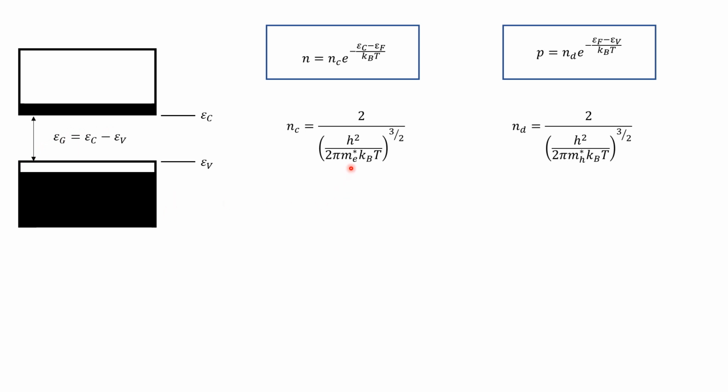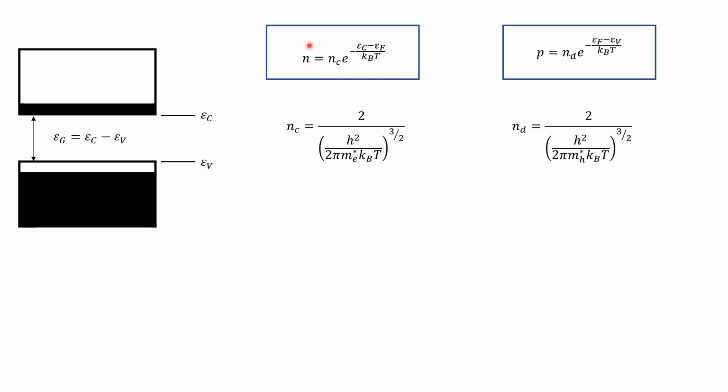So the effective mass of free electrons can be different, and usually it is different from the effective mass of holes. And as I mentioned earlier, these two expressions are very, very important to the physics of semiconductor devices.